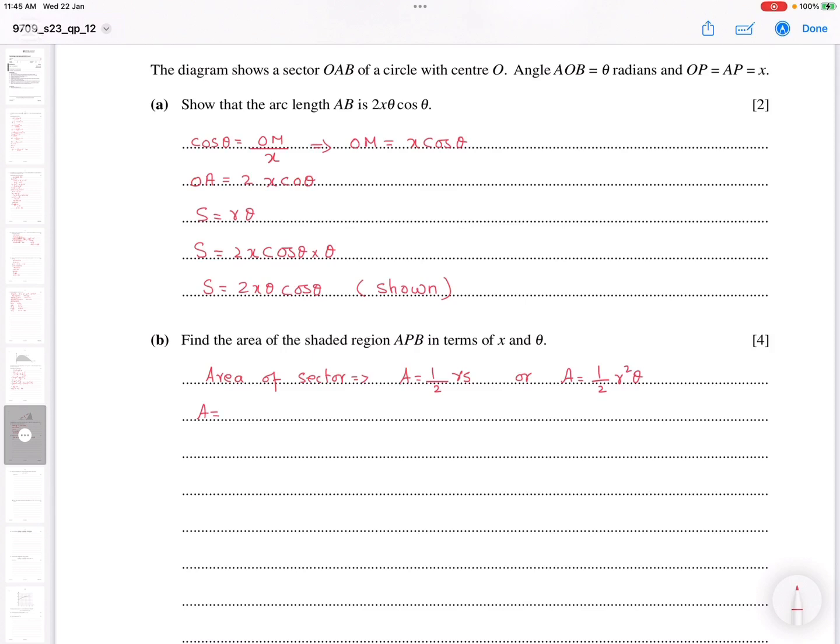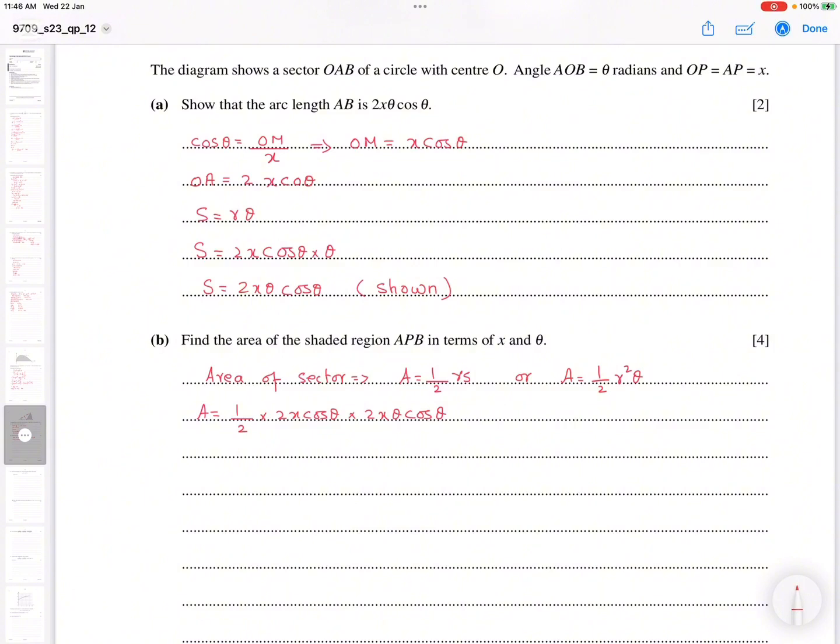So area is equal to 1 over 2, my radius is 2x cos theta, and my arc length S is, which I just showed in the previous part, 2x theta cos theta.